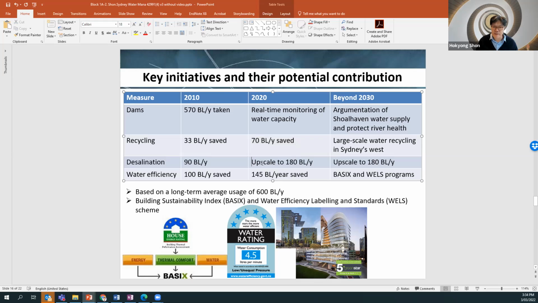Desalination, yeah, we have still not operated it fully for many years, but definitely this is a very important resource because we don't know what will happen to our water resources in the future. Upscaling is possible. We have a standby water resource from seawater, and this will give more sustainable water management in the Sydney area.